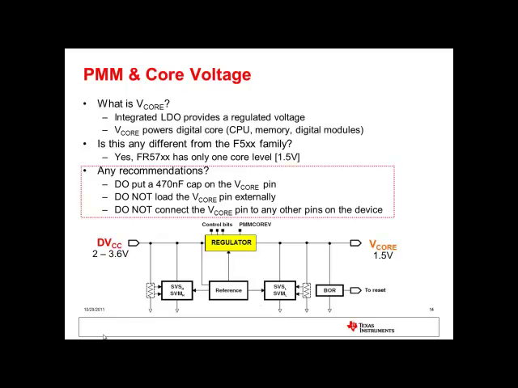Remember, the ratio of capacitance from DVCC to V-core must be at least 10 based on the recommended operating conditions for this device. The V-core pin is meant only to provide a pin to place the core capacitor. Do not load it externally or power any circuitry from this pin. The V-core pin must also not be tied to any other pin on the MSP430 device.